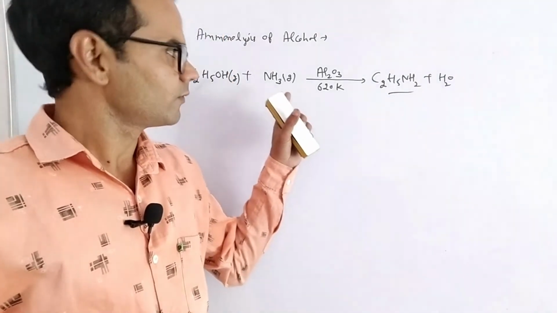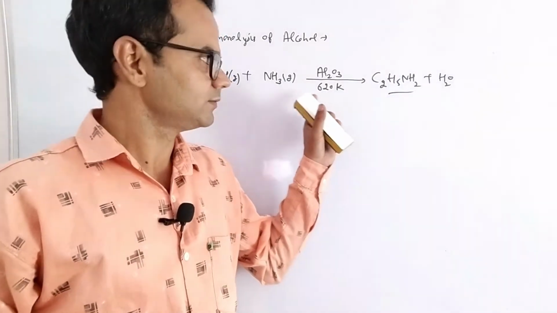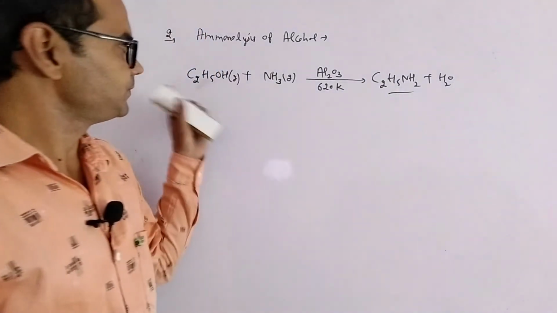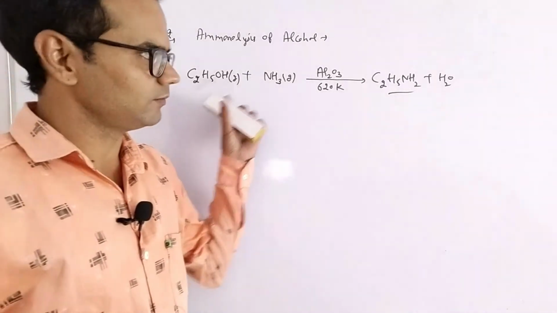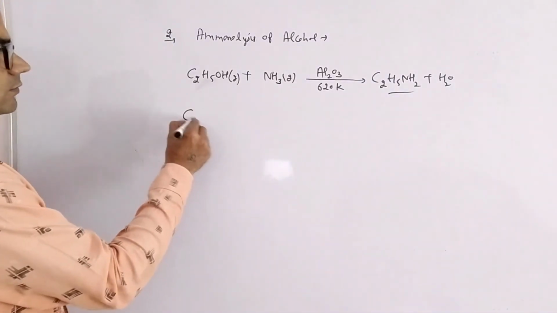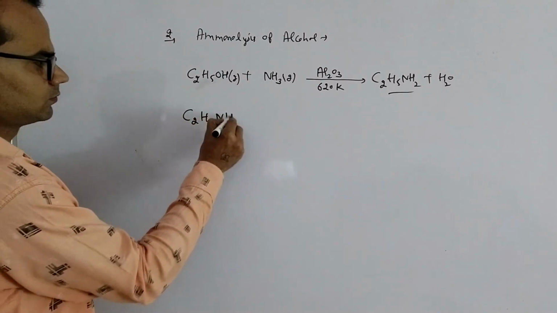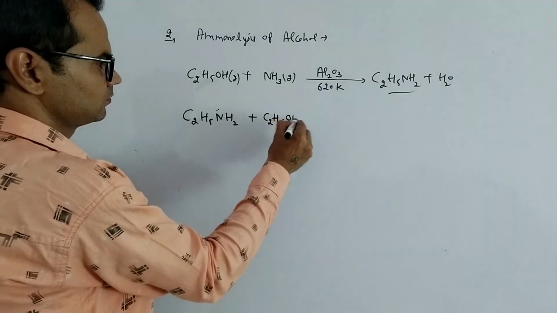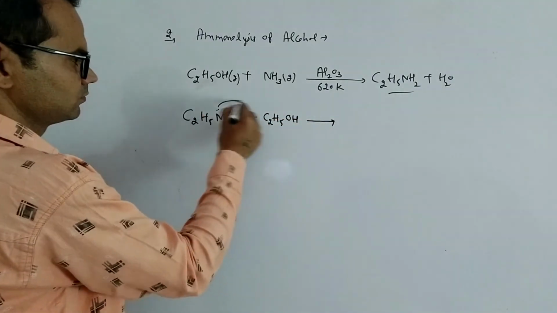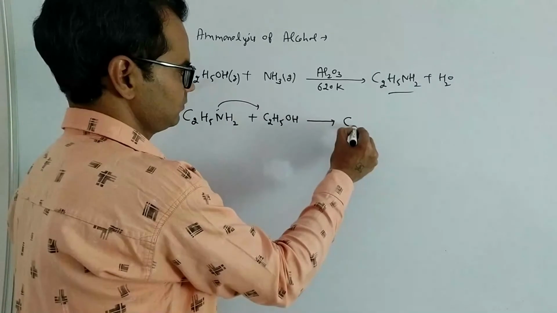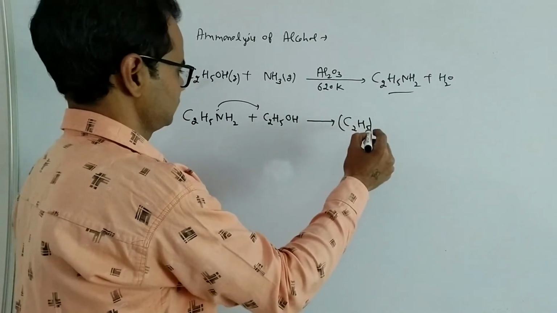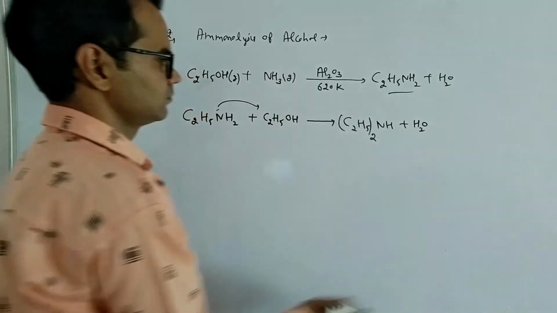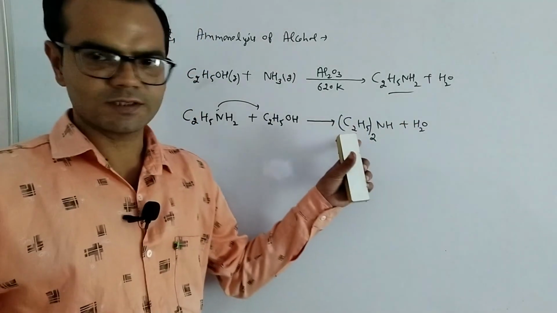Again, reaction is SN2 reaction, nucleophilic substitution reaction. So this primary amine has lone pair. It will further react with alcohol to form a secondary amine. So we have now secondary amine.